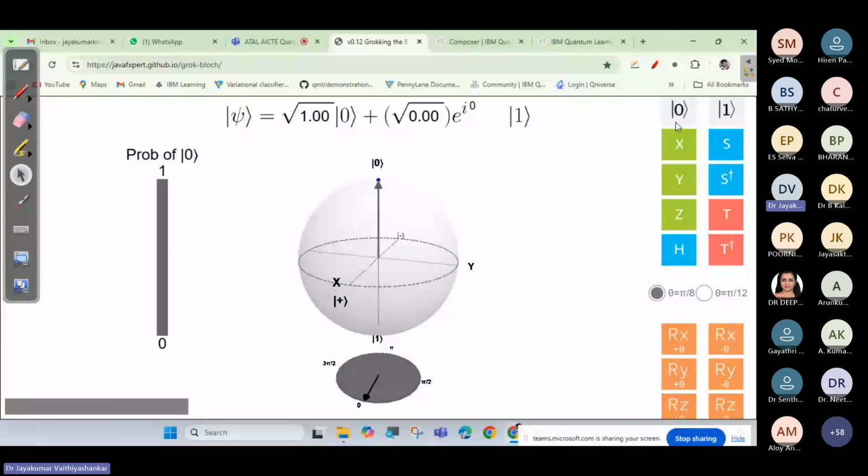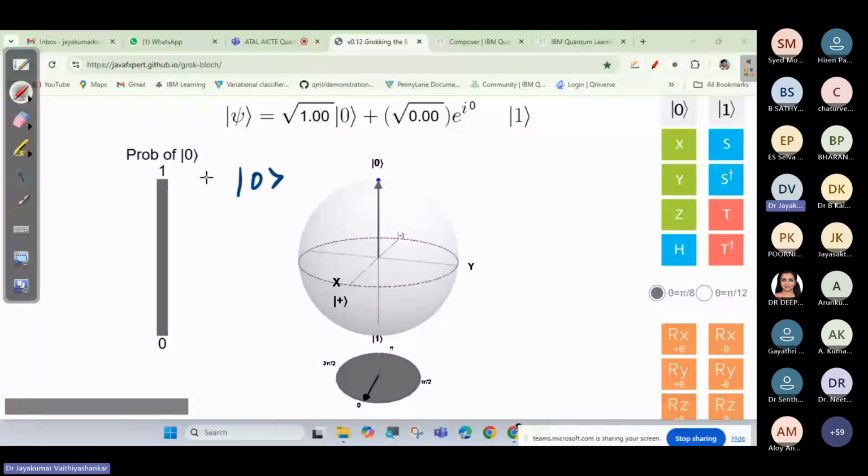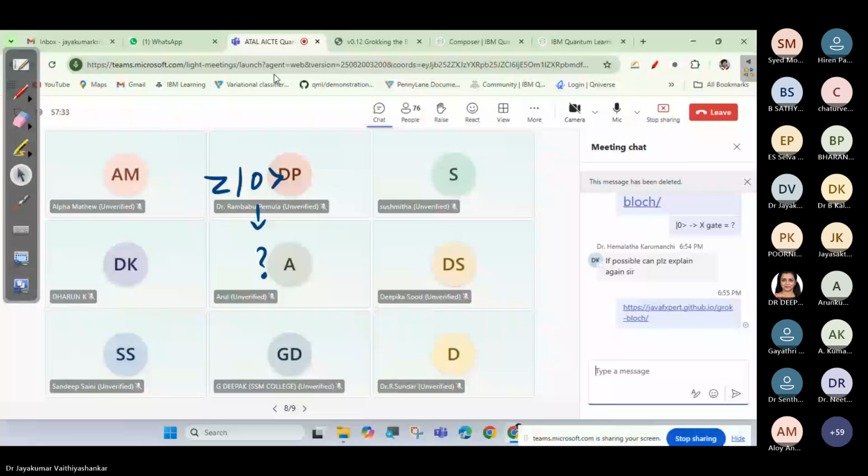Okay. Try to click Z gate and tell me what happens. So click state 0. Apply Z gate. What happens? Are you able to follow? Click state 0. Click Z gate from there. Observe what happens.